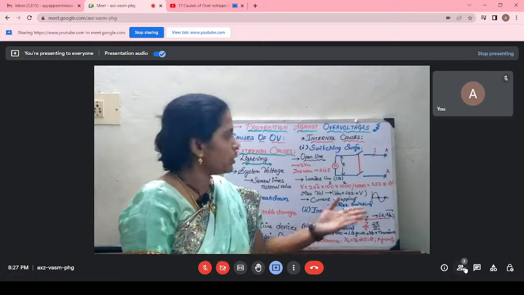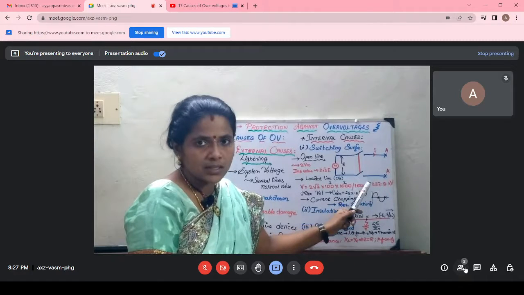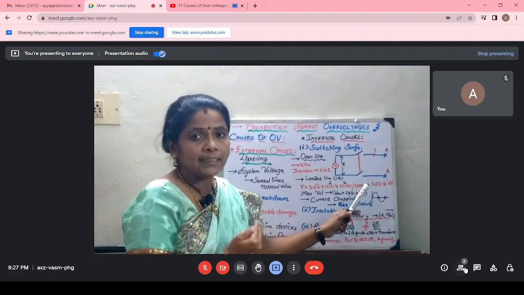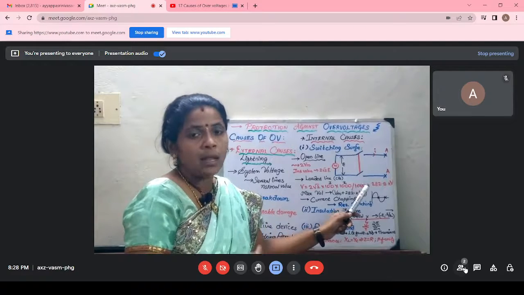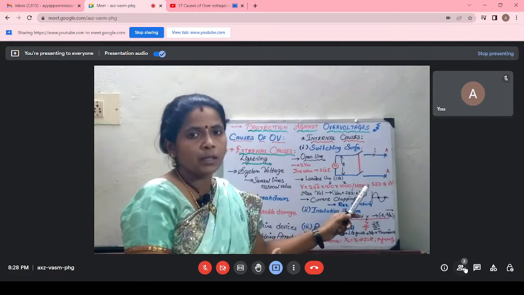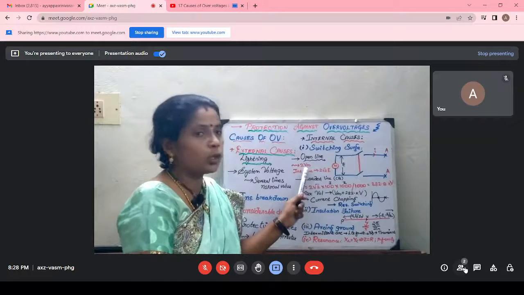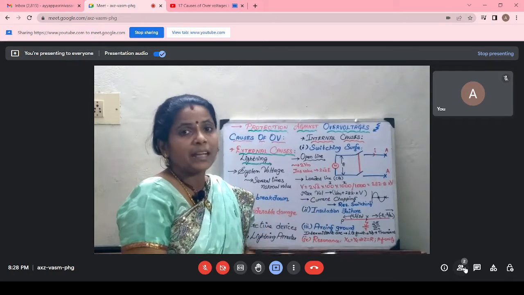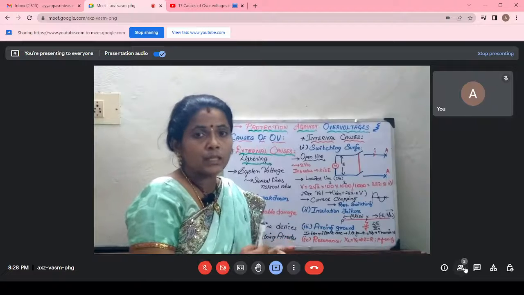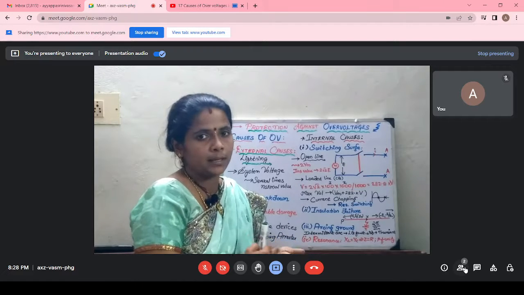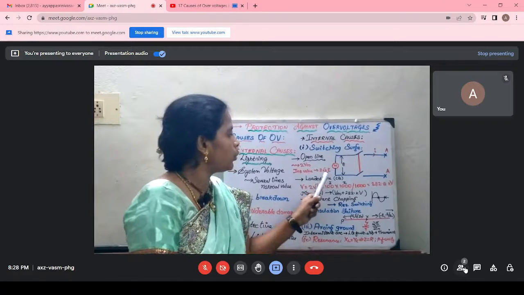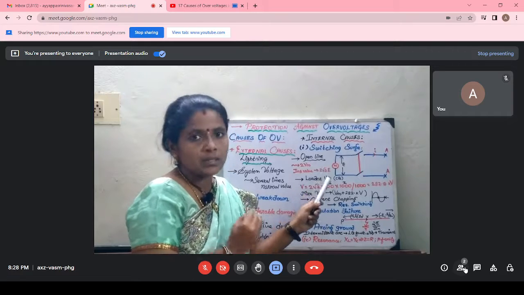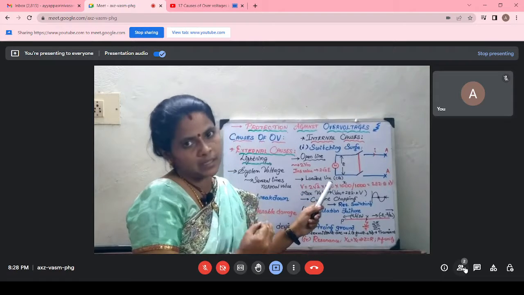This is a transient and it will take a certain time to come back to normal, and the losses will also be there, so it will restore to the normal value E. But at any instance, if the line is unloaded, the voltage increases by 2 into root 2 into E times.